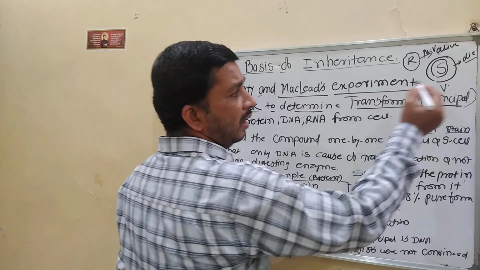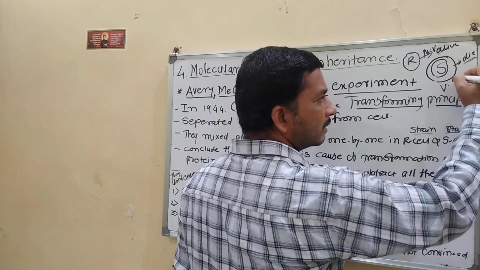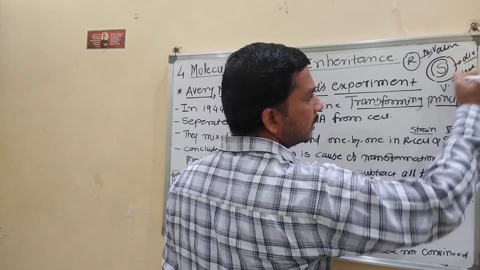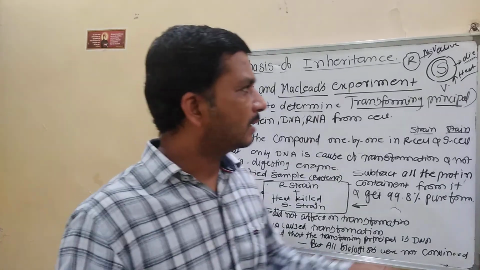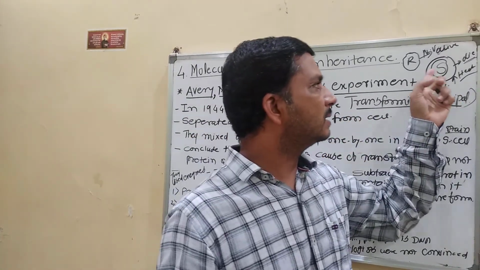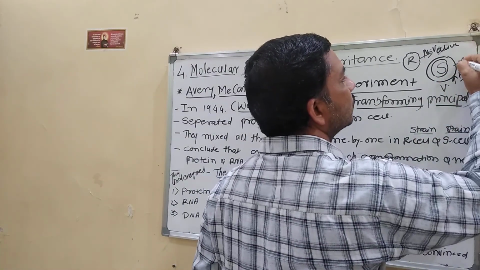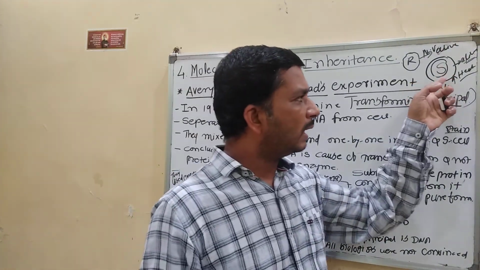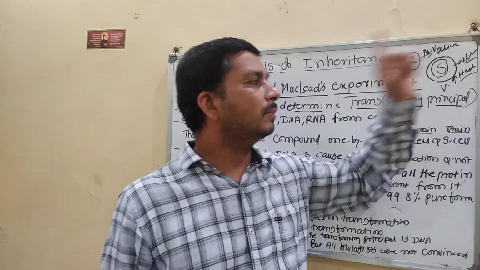Then he heated the S-strain bacteria, removing the polysaccharide layer, and injected the heat killed bacteria inside the mice, and the mice was alive. He was surprised.